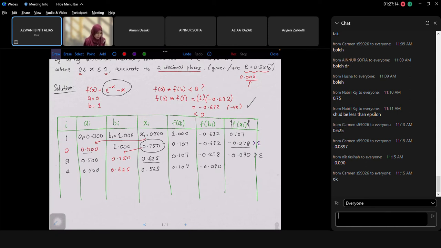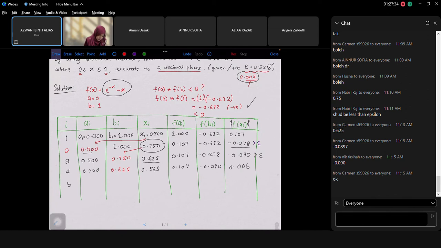Kalau Excel tarik-tarik je kan. Jadi ni you akan dapat apa? Positif 0.006. Okay, 0.006. Still greater than epsilon. But epsilon dia nak 0.05. That's why kena proceed lagi lah.